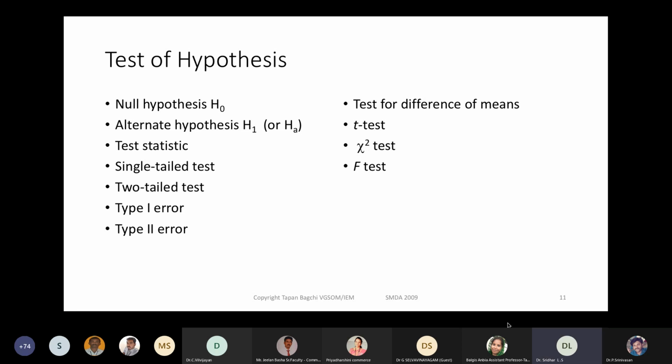The null always states no difference, no association, no correlation. That is what the null means, and the alternate is the alternative. We always specifically mention that zero is the null hypothesis and the alternate is one.